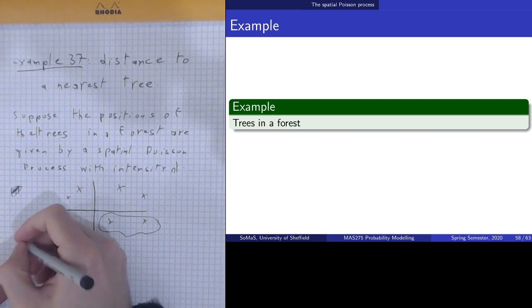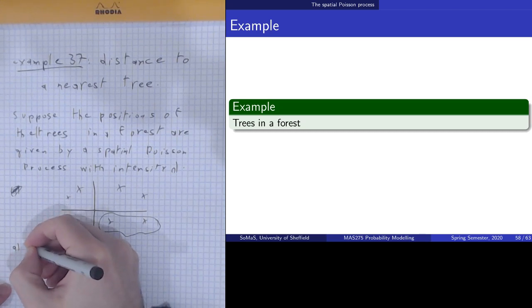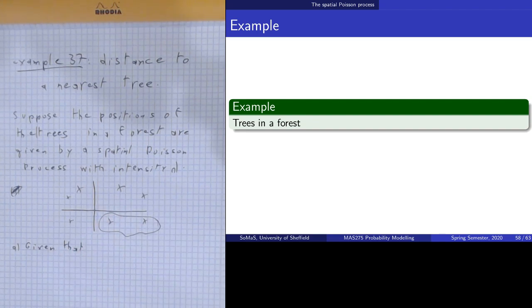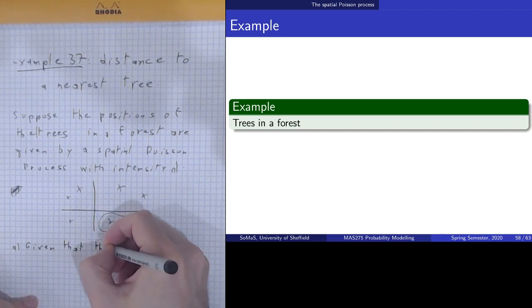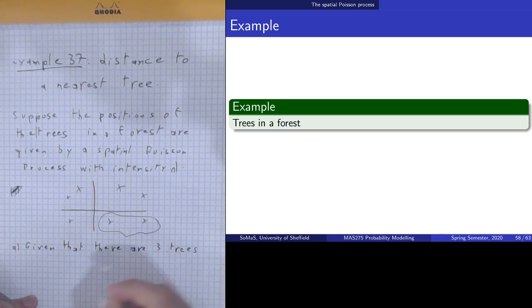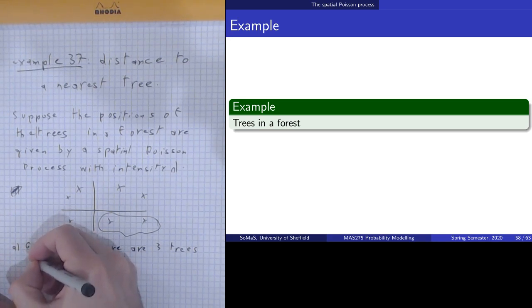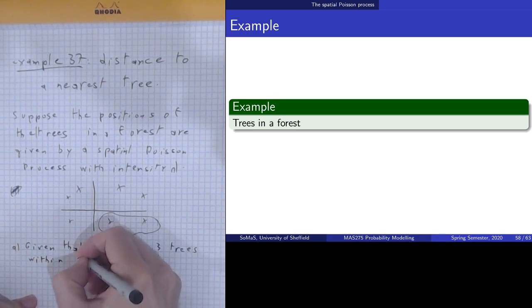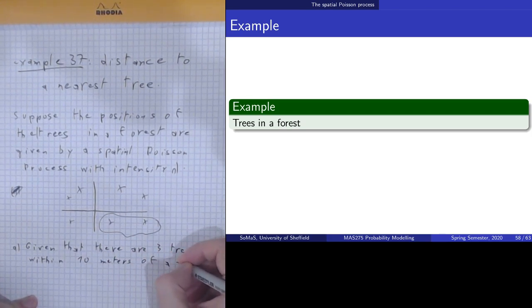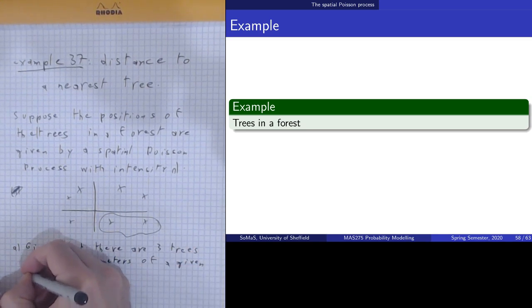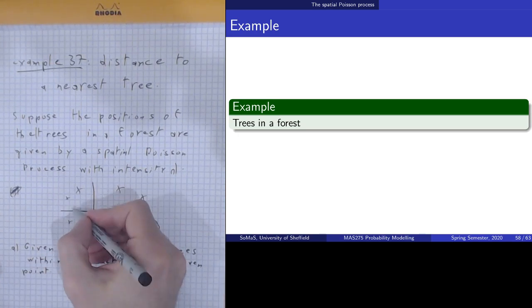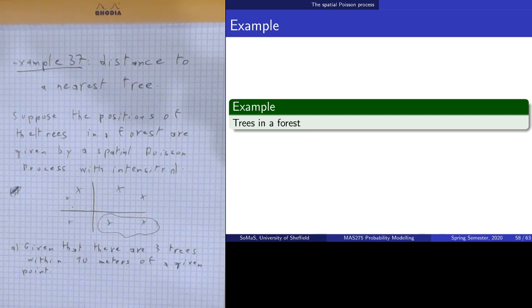Okay, so here are my questions. A, given that there are 3 trees within 10 meters of a given point, so okay, I chose this point here, so a given point is arbitrary.